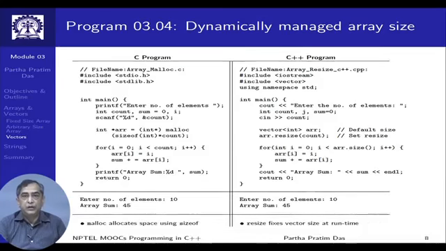So, let us assume that the default size with which the vector was created is 10, and now the user at runtime has given an input 100 to count. So, when arr dot resize is done, the value will be passed as 100 and the vector will change to having 100 elements from the original 10 elements.